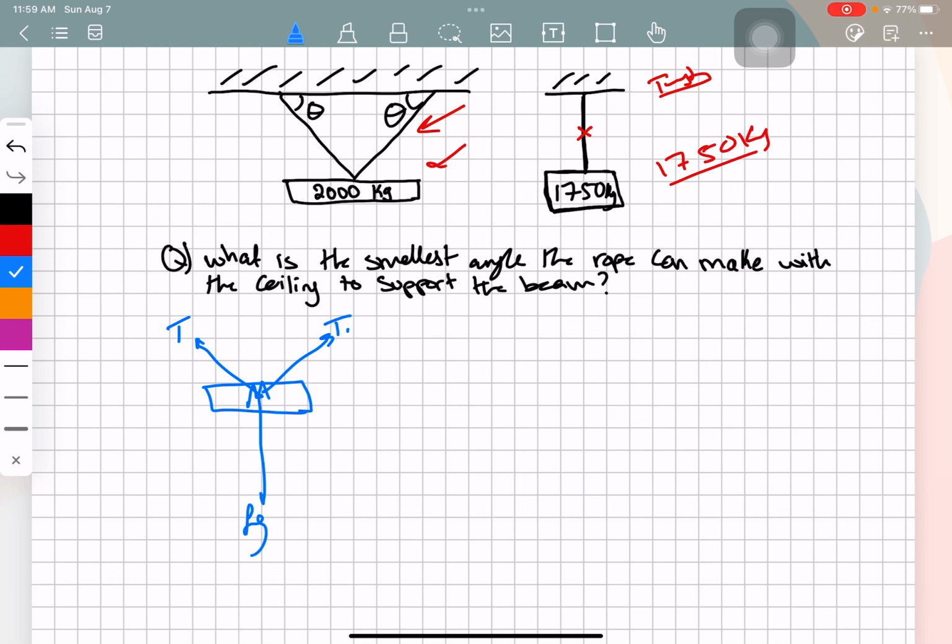What does your FG equal? Your FG is just 2000 kg multiplied by g. I'm going to use 9.81 meters per second squared, and that should give me 19620 newtons. That is the weight.